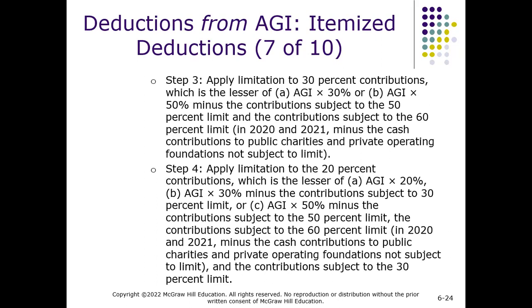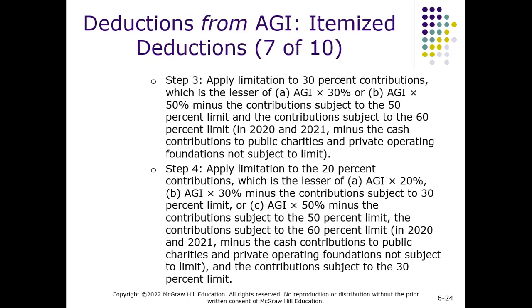Her contributions in the 30% category were 10,600, but 30% of AGI is 9,000. How much can she still deduct after her 50% contributions? 13,070. So what can she deduct? The lesser of those three amounts, which is $9,000.